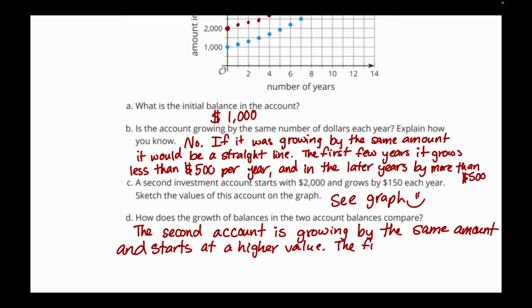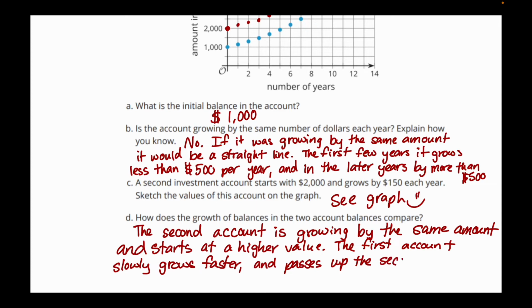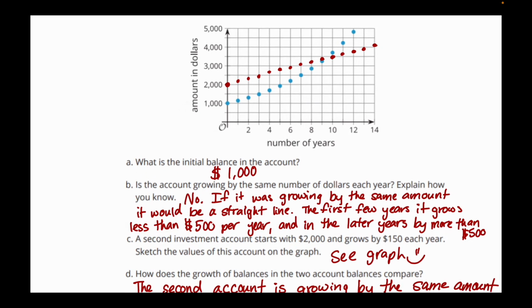The first account, we're going to say it slowly grows faster and passes up the second account by, what year did it seem to pass it up by?